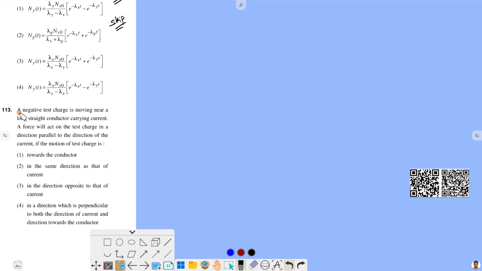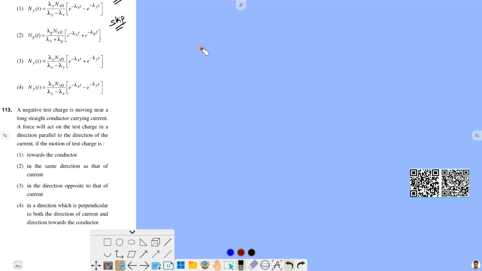So here we have a negative test charge moving near a long straight conductor carrying current. The force will act on the test charge in a direction parallel to the direction of the current if the motion of the test charge is. So we have to find out the direction of motion of the test charge. So let us assume that we have a wire, and our wire is, we can say, in the z direction.